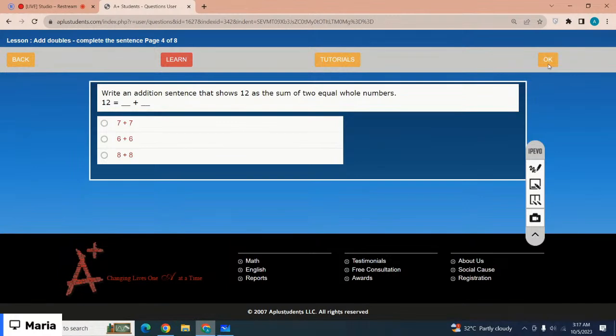Okay, the next one is write an addition sentence that shows 12 as the sum of two equal whole numbers. So which is the correct option? You need to make 12.